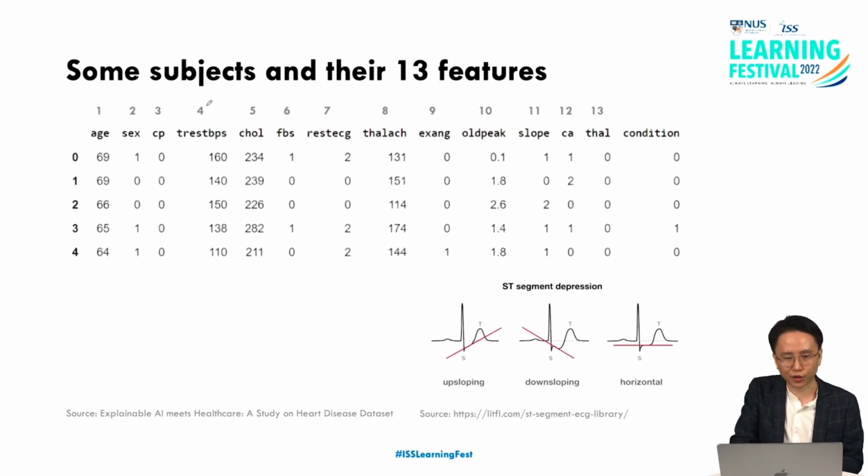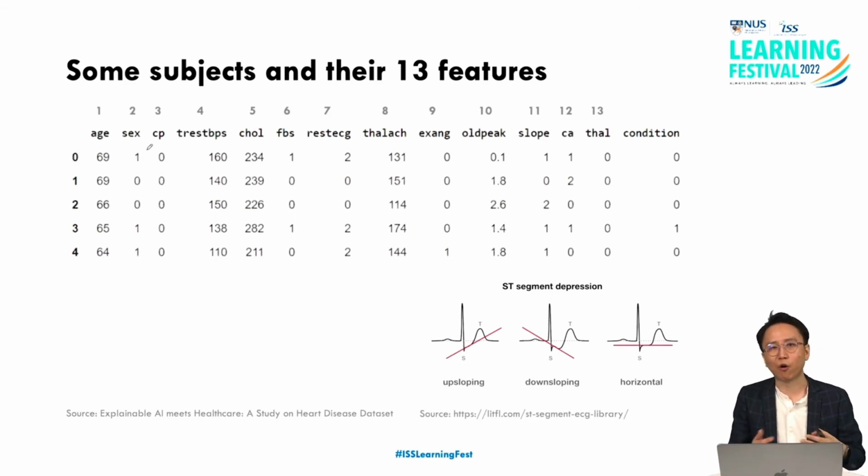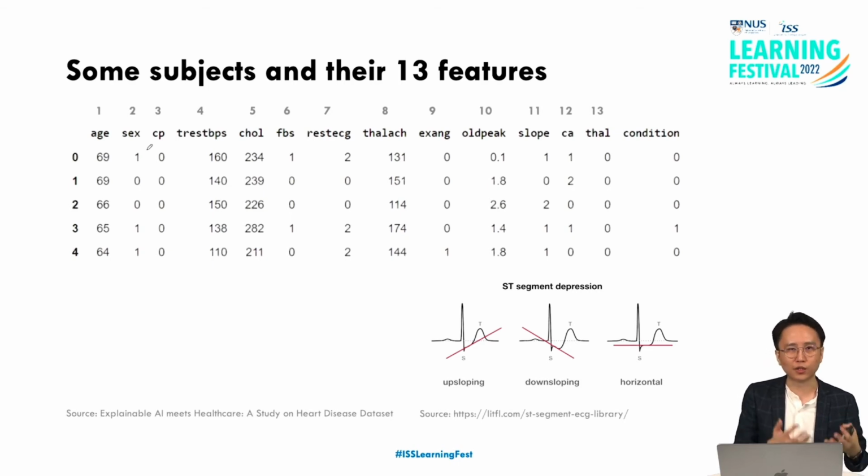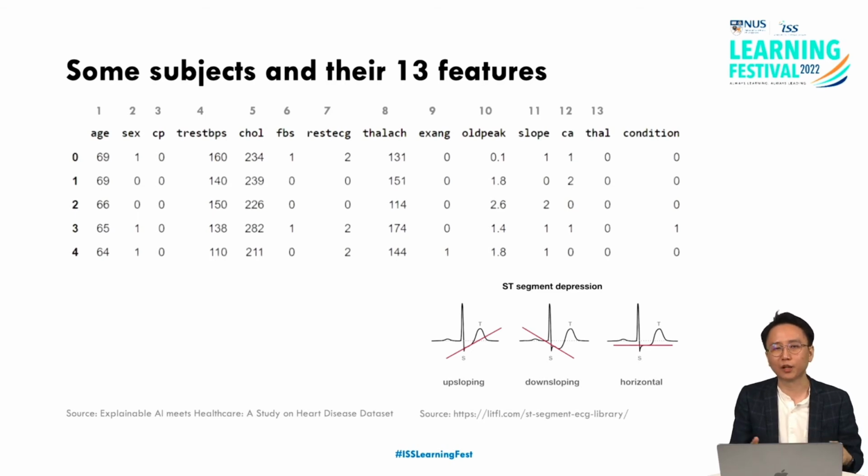For the third feature, CP stands for chest pain type. There are 4 types of chest pain here, from 0 to 3. The higher the number, the lesser the amount of symptoms experienced by a patient. The fourth feature denotes the resting blood pressure in units of mmHg.